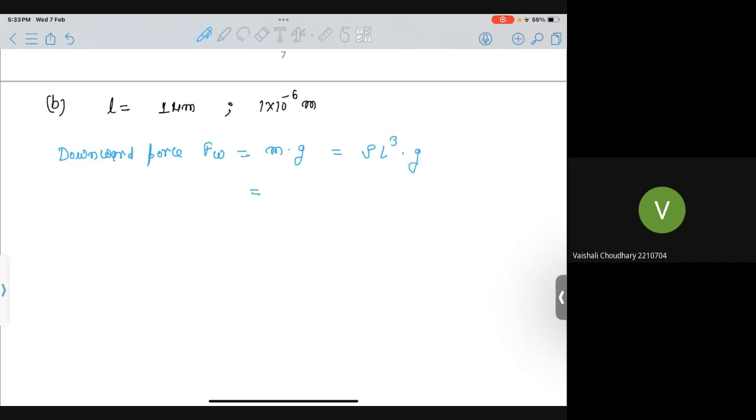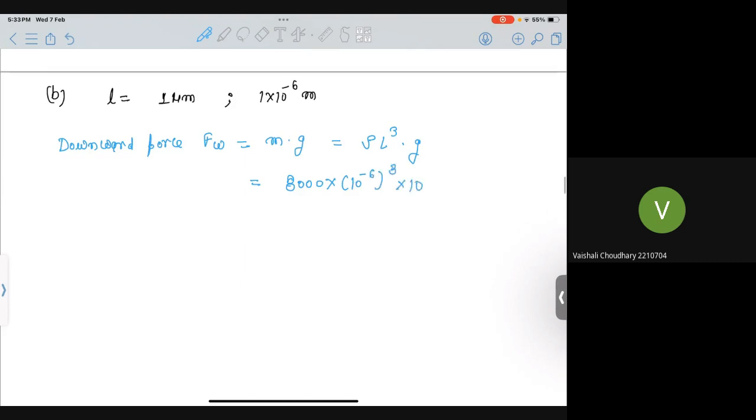If we put the values of rho, L and g, we'll have a downward force of 8 into 10 to the power minus 4 Newton.